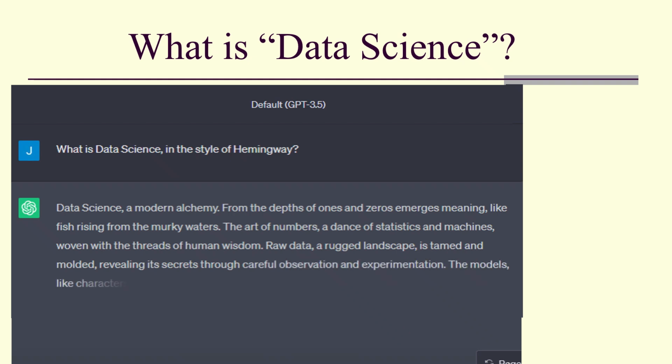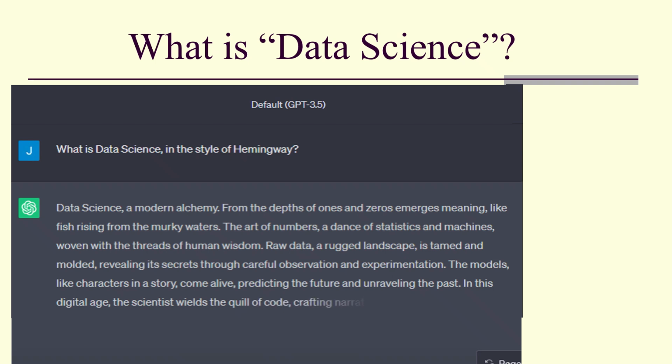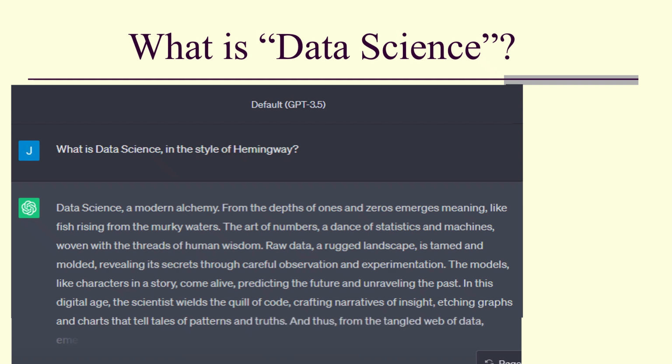The models, like characters in a story, come alive, predicting the future and unraveling the past. In this digital age, the scientist wields the quill of code, crafting narratives of insight, etching graphs and charts that tell tales of patterns and truths. And thus, from the tangled web of data, emerges knowledge, a beacon in the fog of uncertainty.